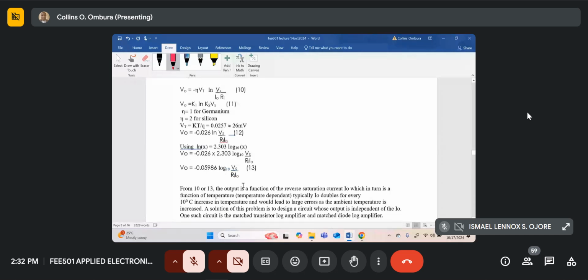And if you multiply this first term outside the log, you get minus 0.05986 log to the base 10 of Vs all divided by R1 I naught.